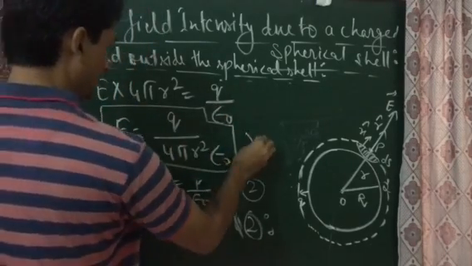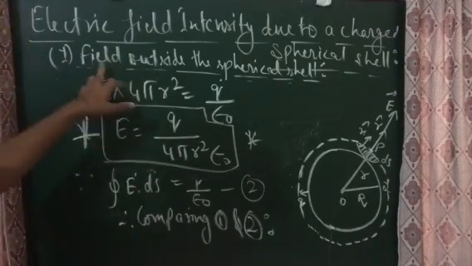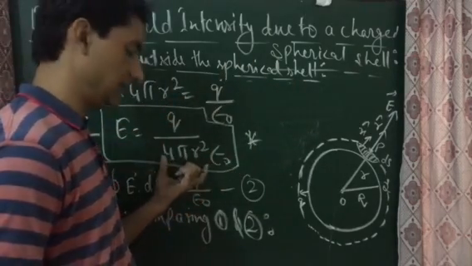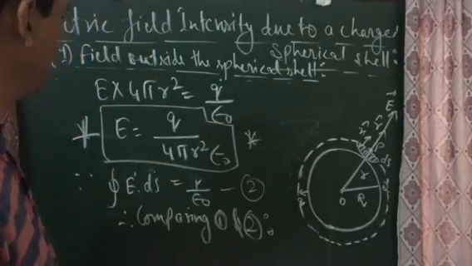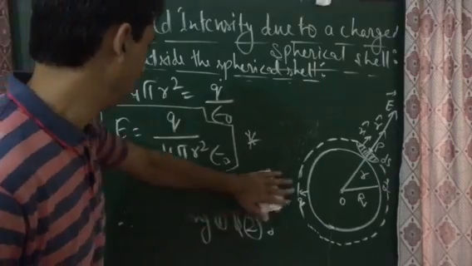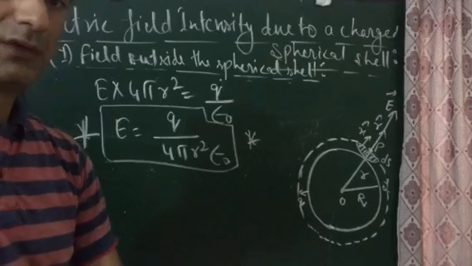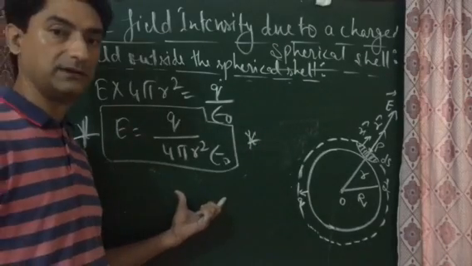So this is the electric field intensity outside the spherical shell. So ये क्या है? Electric field intensity outside the spherical shell, Q upon 4 pi r square into epsilon naught.